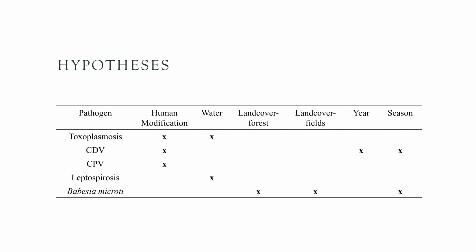And so I expected water might have an influence on leptospirosis infection status. And Babesia microti is a tick-borne illness again. So I expected that land cover and seasons might influence the activity of that tick vector and thus influence the infection status.